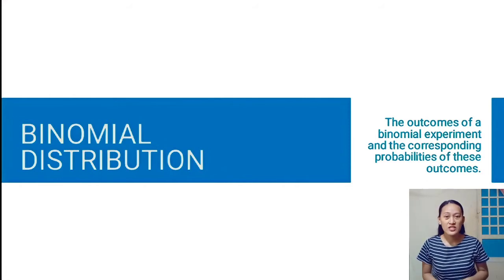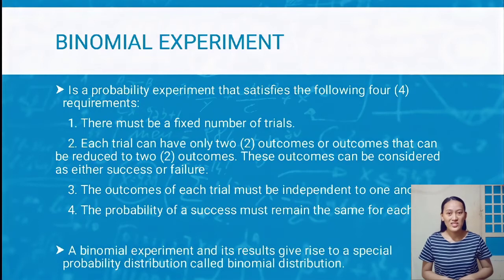The binomial distribution with parameters n and p is the discrete probability distribution of the number of successes in a sequence of n independent experiments, each asking a yes or no question, and each with its own Boolean valued outcomes, success or failure. Let's tackle what is binomial experiment.